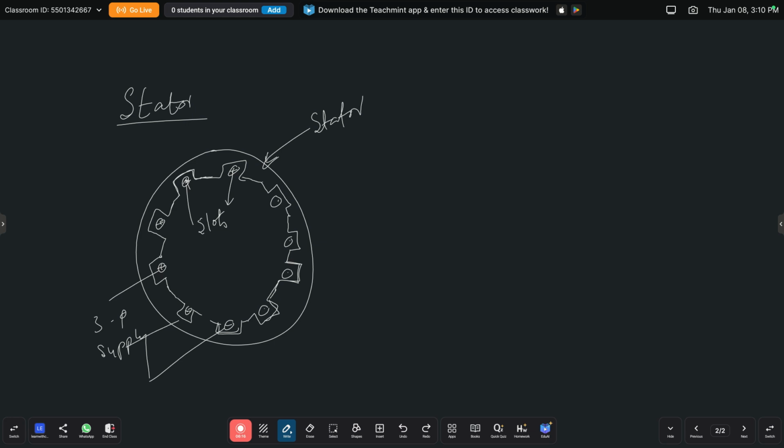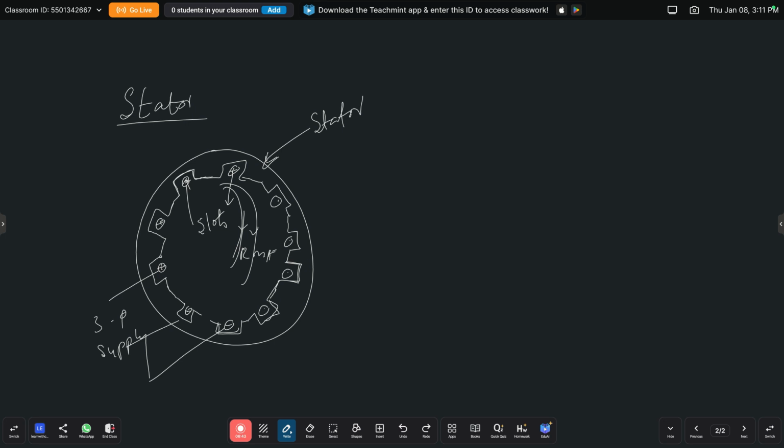This rotating magnetic field will rotate in the air gap area. The stator is a stationary device. There are no rotating parts in the stator. The purpose of the stator is to generate the rotating magnetic field.